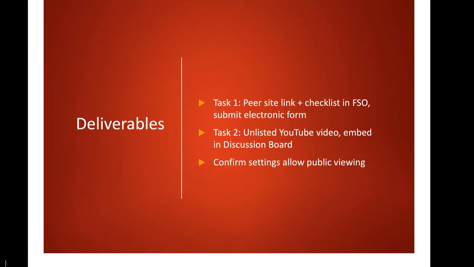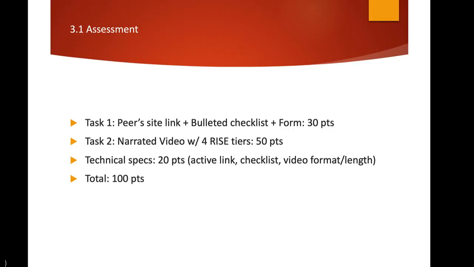If you're using QuickTime, then you're going to upload it to your professional YouTube site, and copy that embed code and put it in the discussion board using the embed icon in your editor toolkit. So confirm settings, make sure they're for public. I haven't had a problem with that in a long time. They're not usually private, okay? So that's what you do for that.